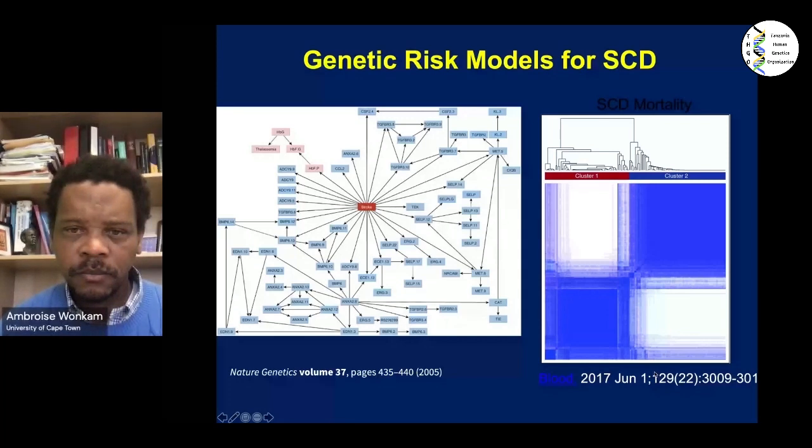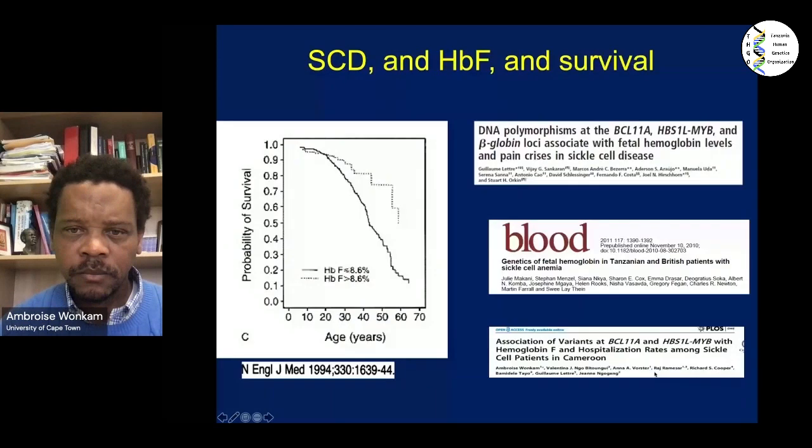But the most important modifier of sickle cell disease has been fetal hemoglobin, the level of fetal hemoglobin. This is a hemoglobin that is produced during our fetal life that normally becomes very low in adult life, near to zero. But patients that keep the capacity of producing fetal hemoglobin have a longer life expectancy.